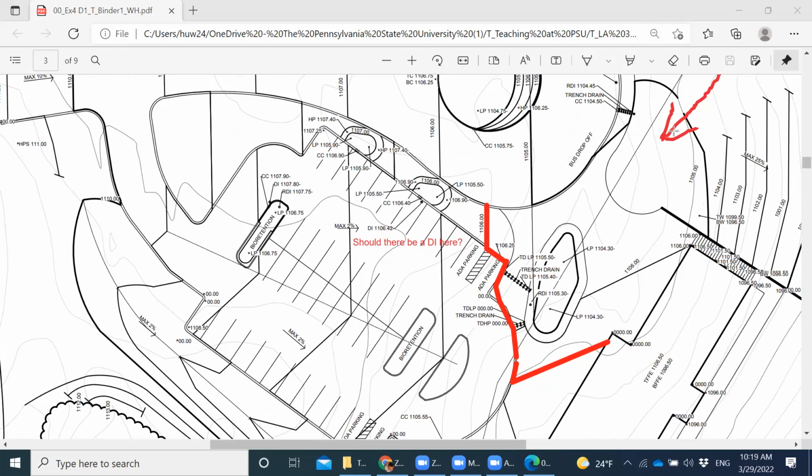So your water entry is somewhere over here. We want to try to figure out the elevation there. I would say that's about 1105.5. And if your RDI is at 1105.3, that's good. The LP 1104.3, that's great.